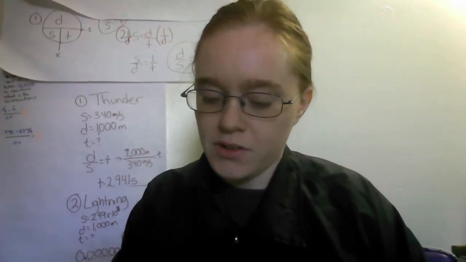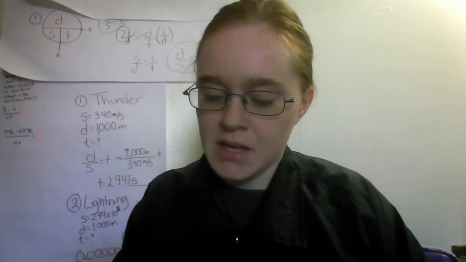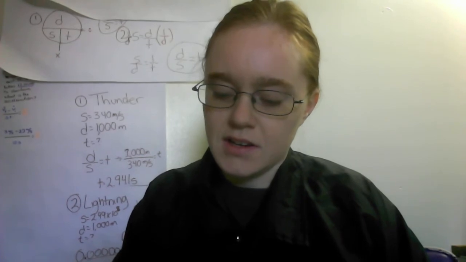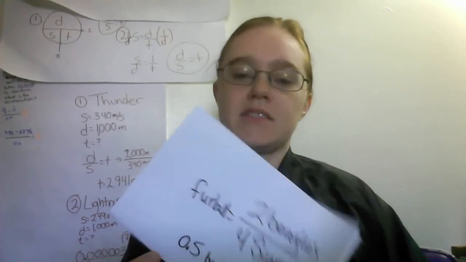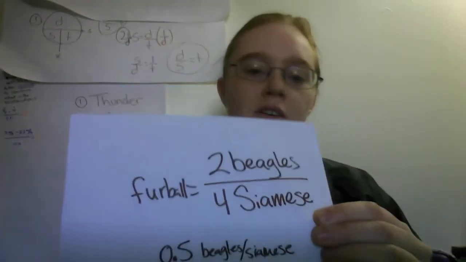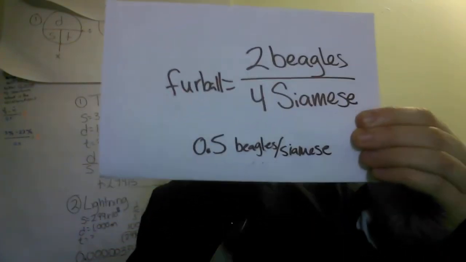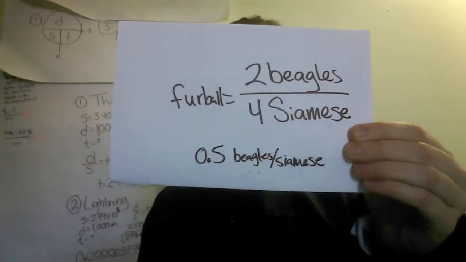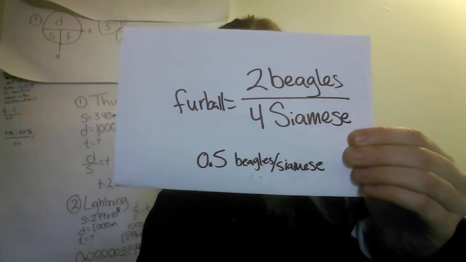And then our fur ball units maybe are in beagles over Siamese in this case, which does happen in some physics problems where your units are basically what are the 2 units that you just used up in the word problem.